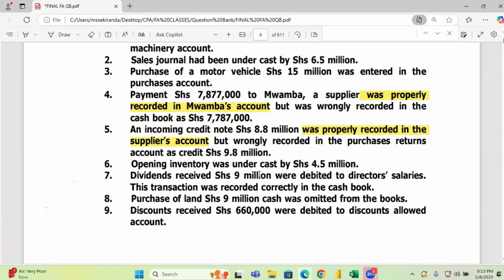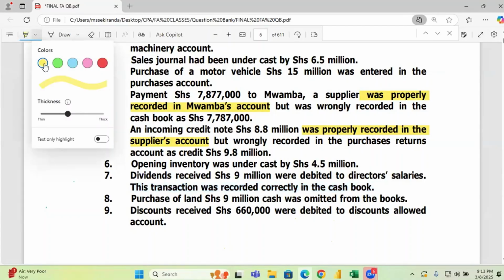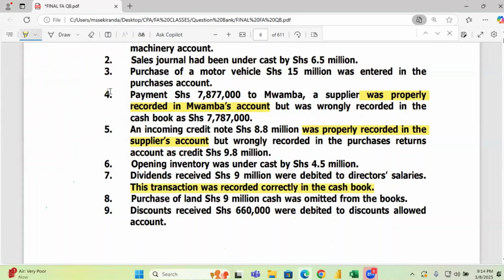So now, what error did they commit here? The dividends received were debited in the salaries account.